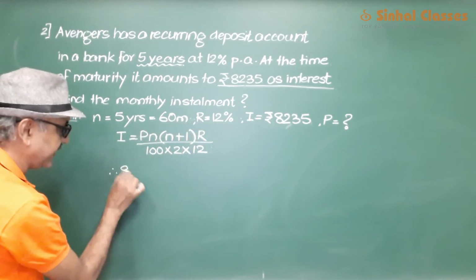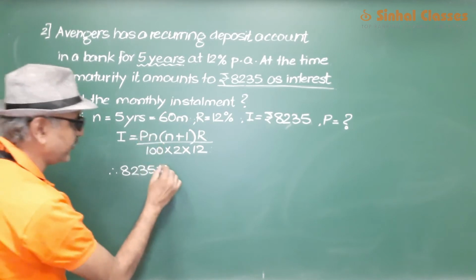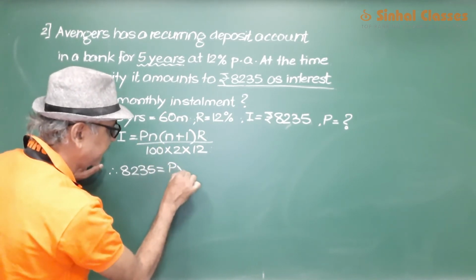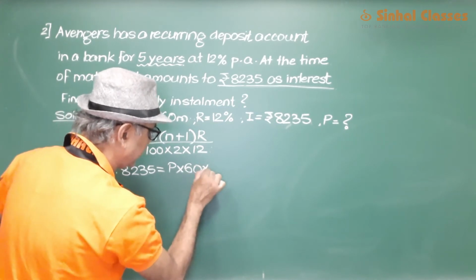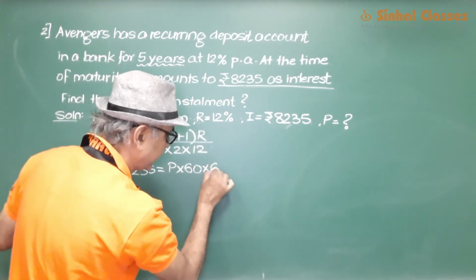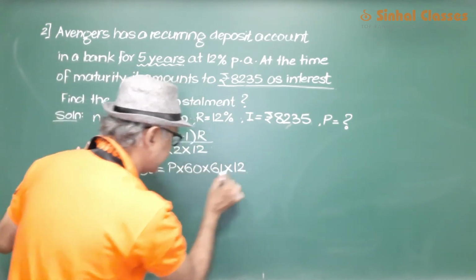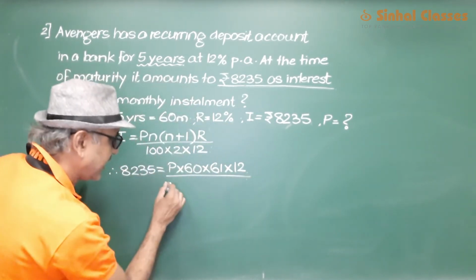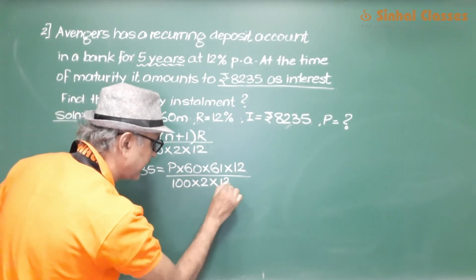So that would be 8235 is equal to P. We don't know P. N is 60, N plus 1 is 61, R is 12, 100 into 2 into 12.